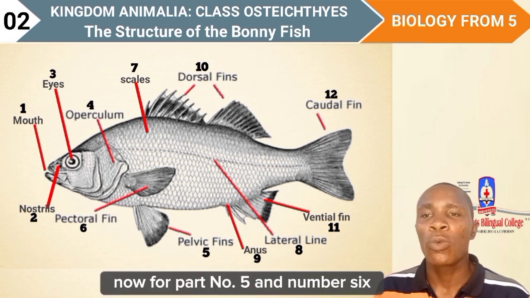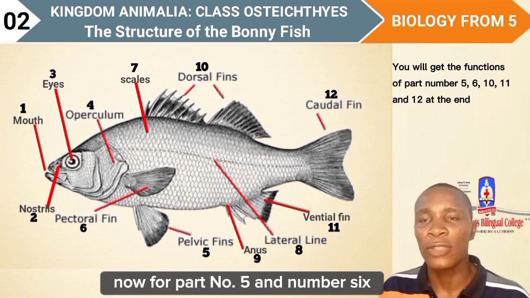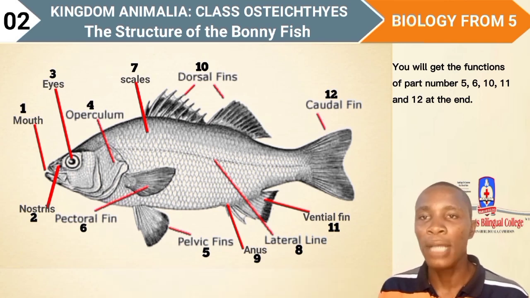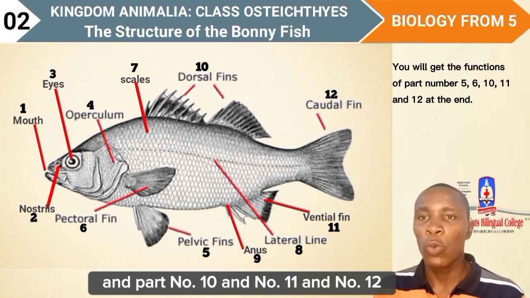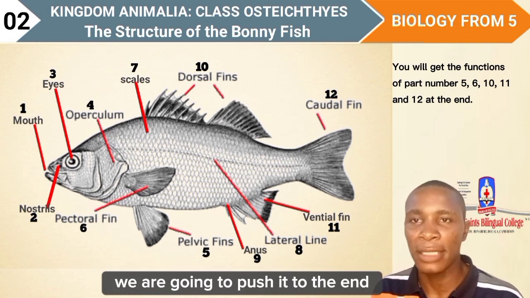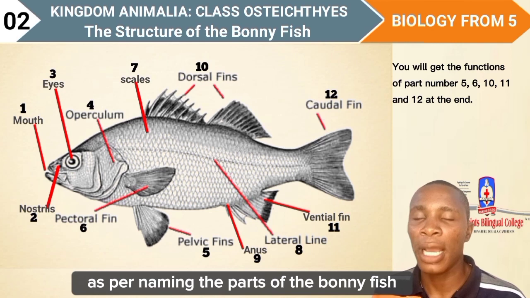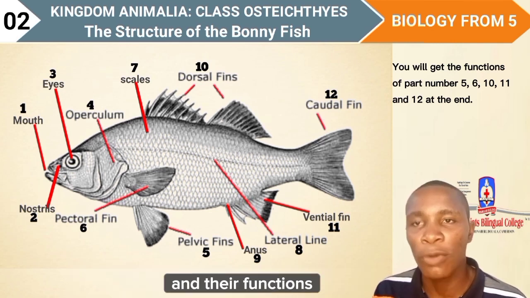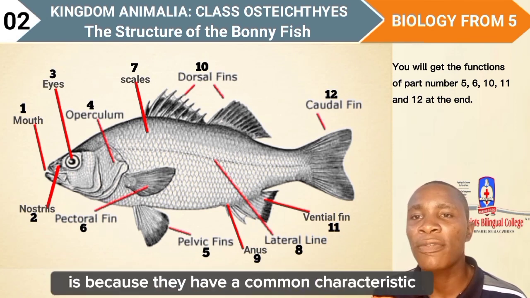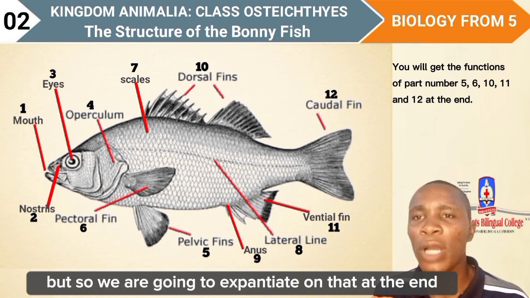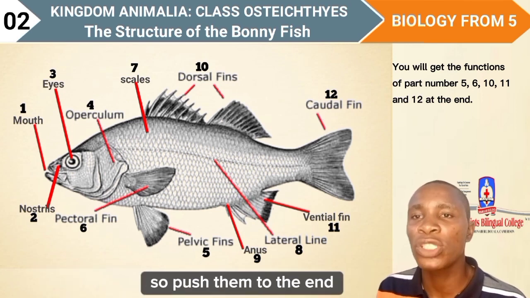Now, for part number five and number six, and part number 10, 11 and 12, we are going to push them to the end as per naming the parts of the bony fish and their functions. This is because they have a common characteristic, so we are going to expatiate on that at the end. So we'll push them to the end.